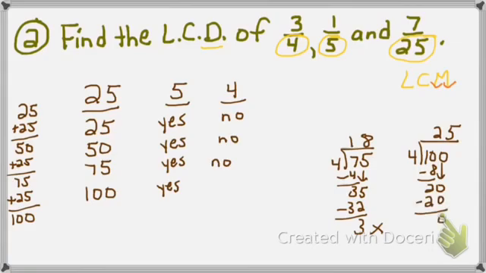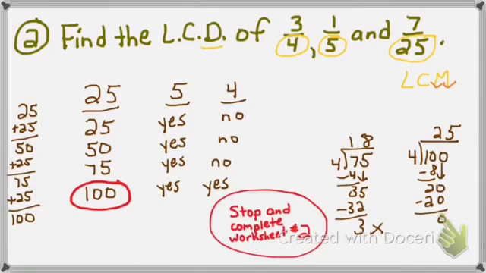I work it out, and I find that yes, it goes in 25 times, which again, those of you who are good with money, makes sense, right? Because there's 4 quarters in a dollar. So yes, 100 is divisible by 4. So 100 is divisible by 25, 5, and 4. That is my LCM, or my LCD in this case, since these were the denominators. Please stop the video and complete worksheet number 2 right now.